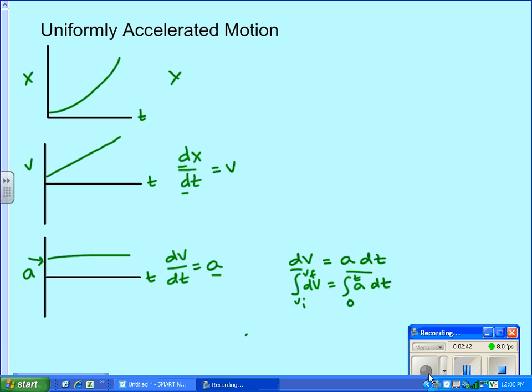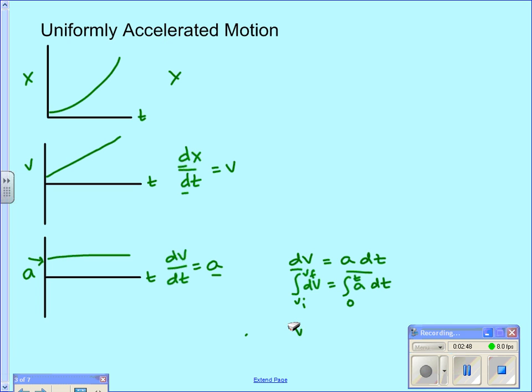The integral of 1 dv is just v, evaluated from vi to vf. In this case a is a constant, so the integral of a dt is at, evaluated from 0 to some time t.